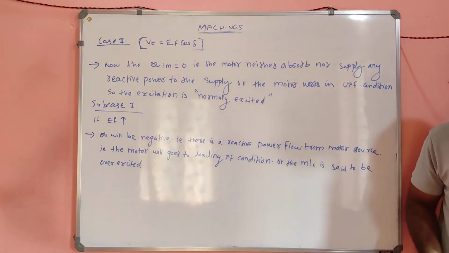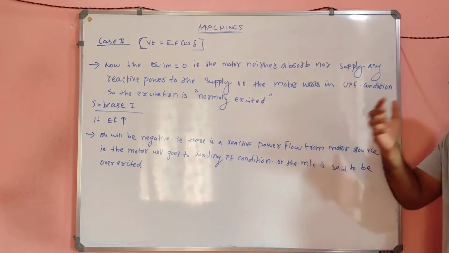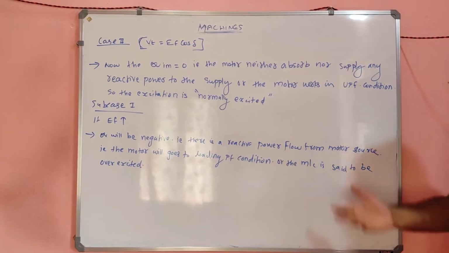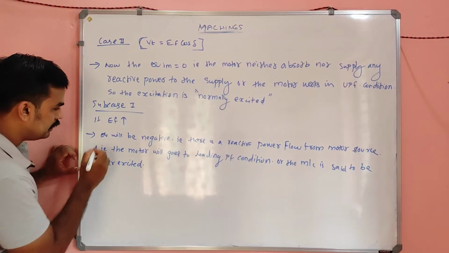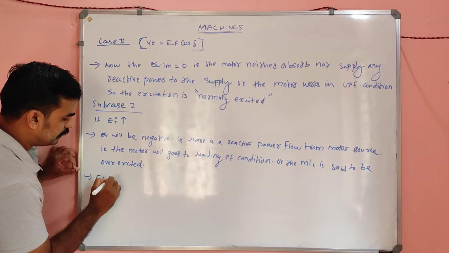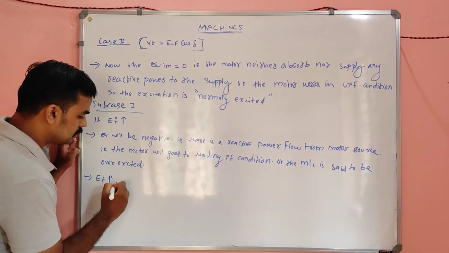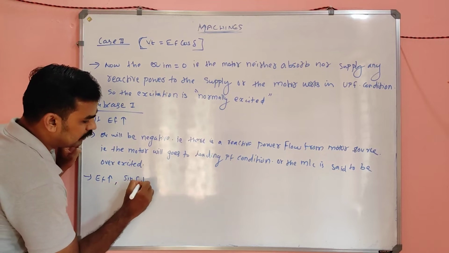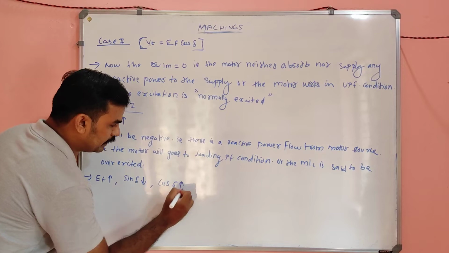So what is the meaning of this? If Ef increases, what happens? If Ef increases, sin delta decreases. Sin delta decreases means cos delta increases.